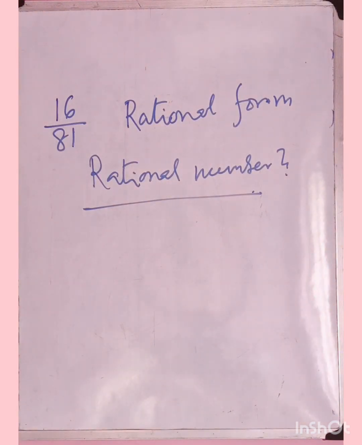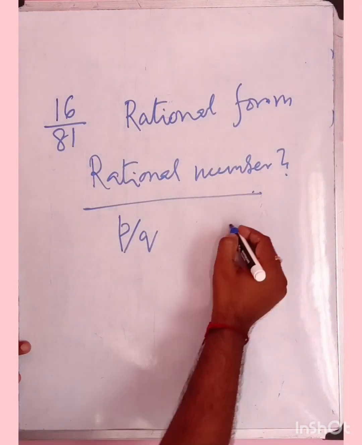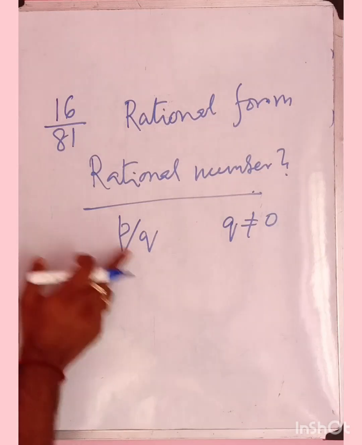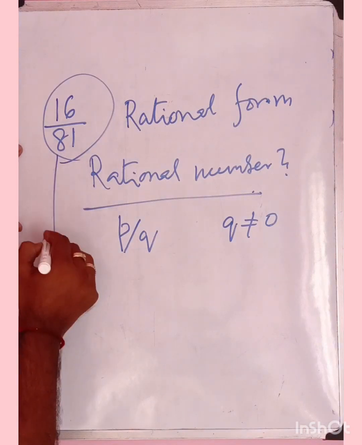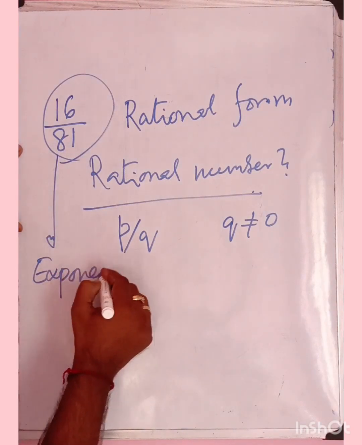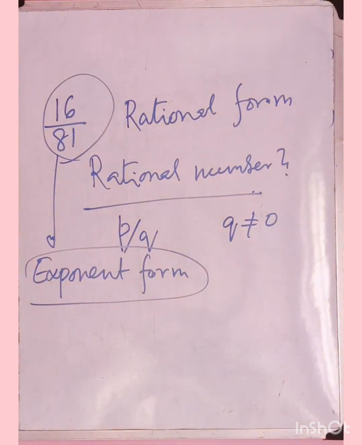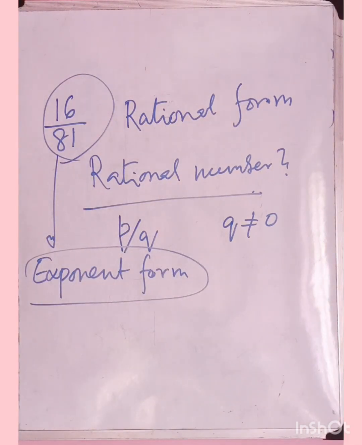Any number which can be expressed in the form P by Q, where Q is not equal to 0, is called a rational number. Here P is 16, Q is 81. Okay? So this is rational form. The question is, express this number in exponent form. Very common question for class 7 and 8 students. Conversion between rational form and exponent form.